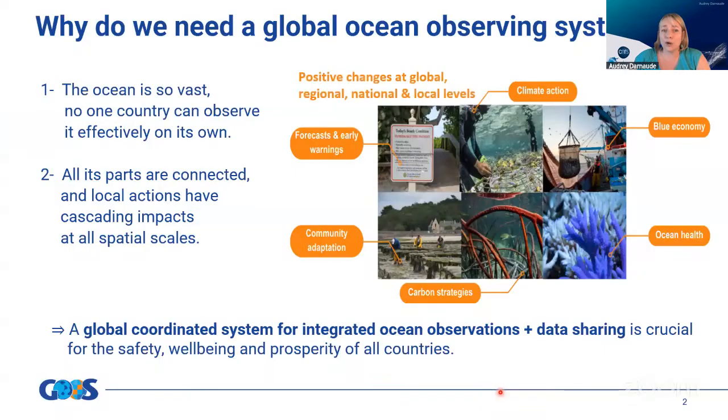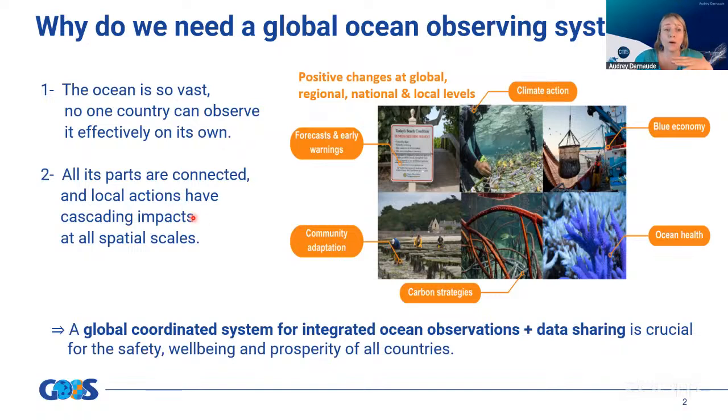So why do we need a global ocean observing system? As you know, understanding changes in the ocean is key to plan how to make positive changes at global, regional, national, and local levels, be it for climate action, blue economy development, ocean health conservation and carbon strategies, community adaptation, or weather forecast and early warnings. But the ocean is so vast, as you know, no one country can observe it effectively on its own.